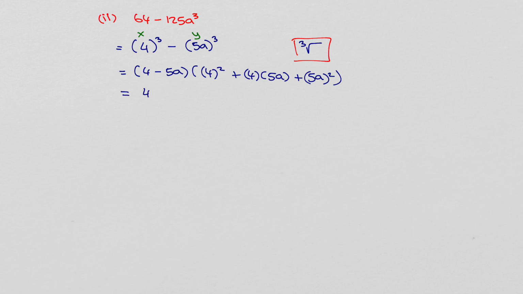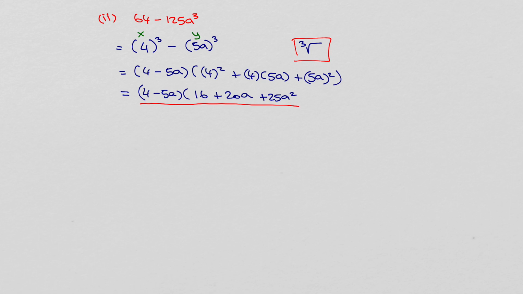So therefore that's 4 minus 5a times 4 squared, which is 16, 4 times 5 is 20, and that's times a, and 5a squared is 25a squared. And now I'm fully factorised for my difference of two cubes.